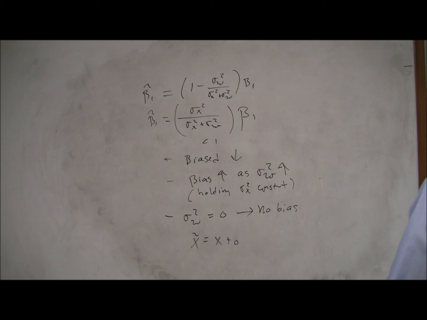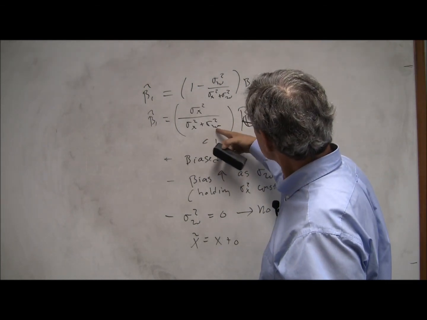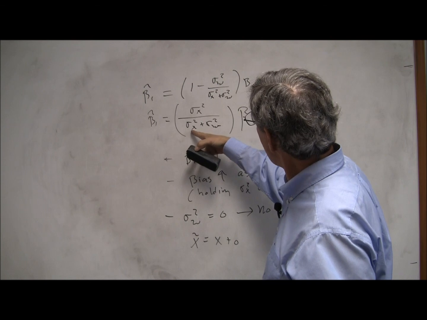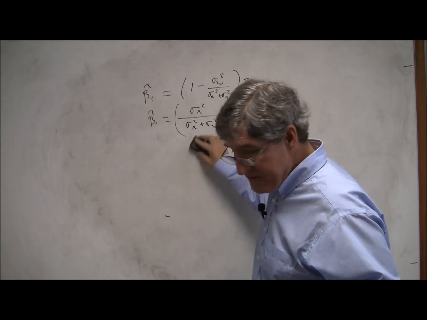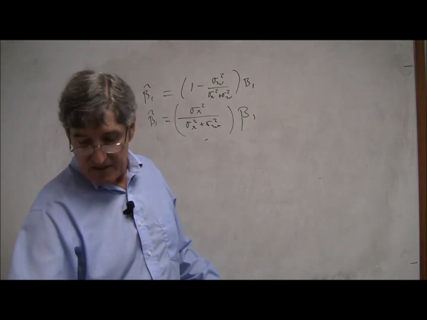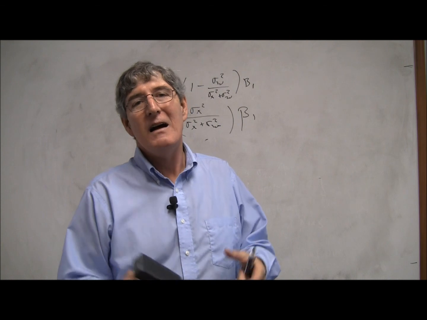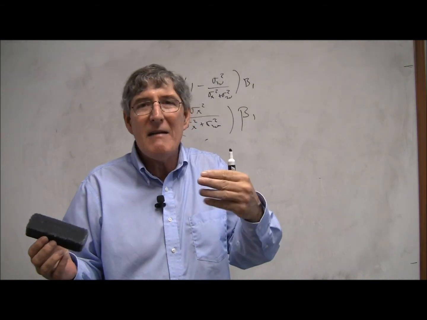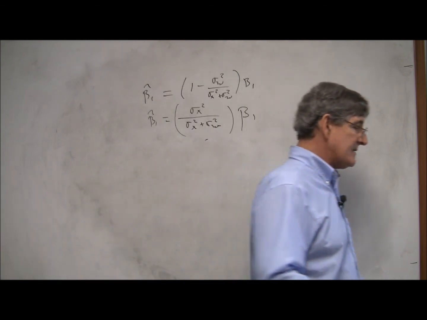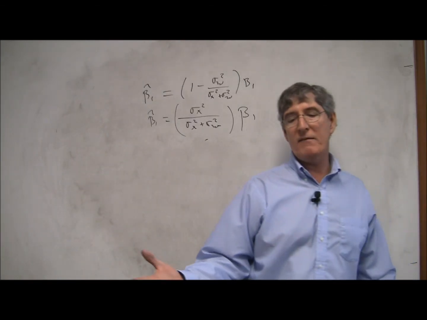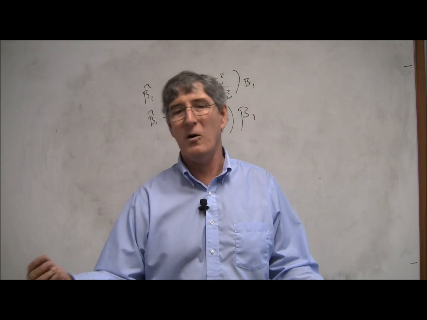So errors in variables are a problem because it leads to a bias. As long as your measurement error is really small, if sigma squared w is a small number relative to sigma squared x, then the bias is going to be small. So if you're just measuring the height of this chair in front of me, of course you're going to be off by a little bit. You can't measure it out to an infinite number of decimal places. So if I say it's 3 feet 6 inches, well, maybe it's 3 feet 6 inches and a little bit more, or a little bit less.